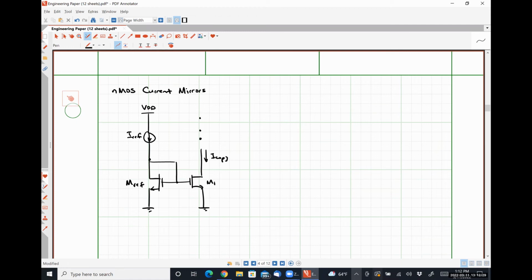But the lack of feedback here allows VDS1 to move. So we are going to see a little bit of copy error, completely and utterly due to channel length modulation. And we'll address that momentarily.